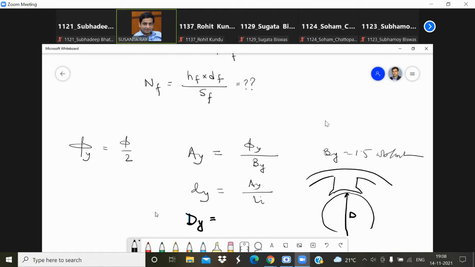Then you have the length of the air gap Lg, then you have the pole height HP, and then you have the depth of the yoke.